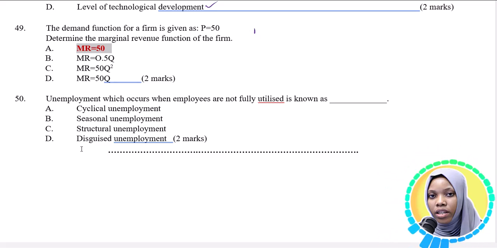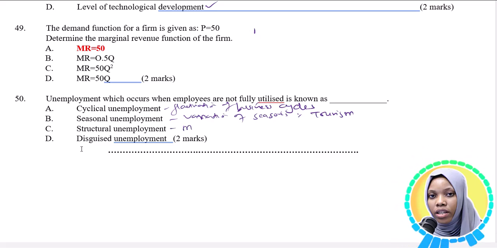Cyclical unemployment occurs where there are fluctuations in business cycles. Choice B is variation of seasons, e.g. the tourism sector is mostly affected by seasons.